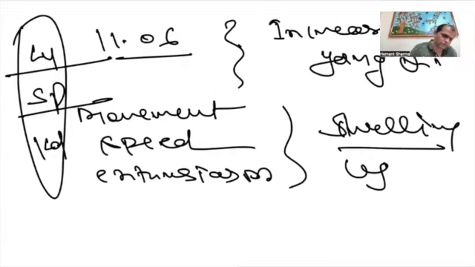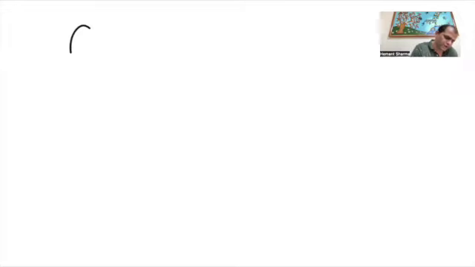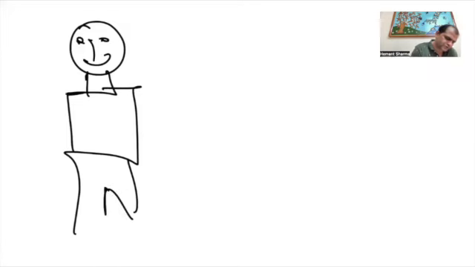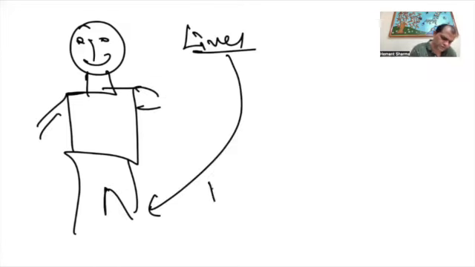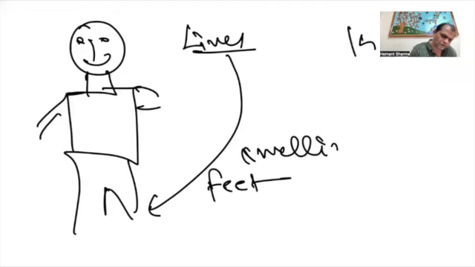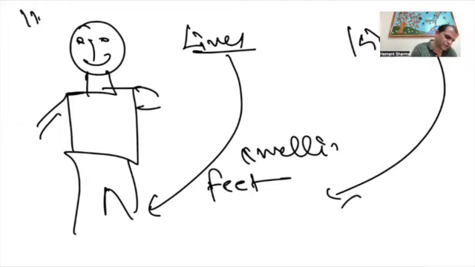One more thing I would like to tell you. Many persons are suffering with liver disorder, liver disease. And liver disease also creates swelling in the feet. And kidney disease also creates swelling in the lower part. So this 11.06 point works on both conditions. That's why it's a very good point for this purpose.